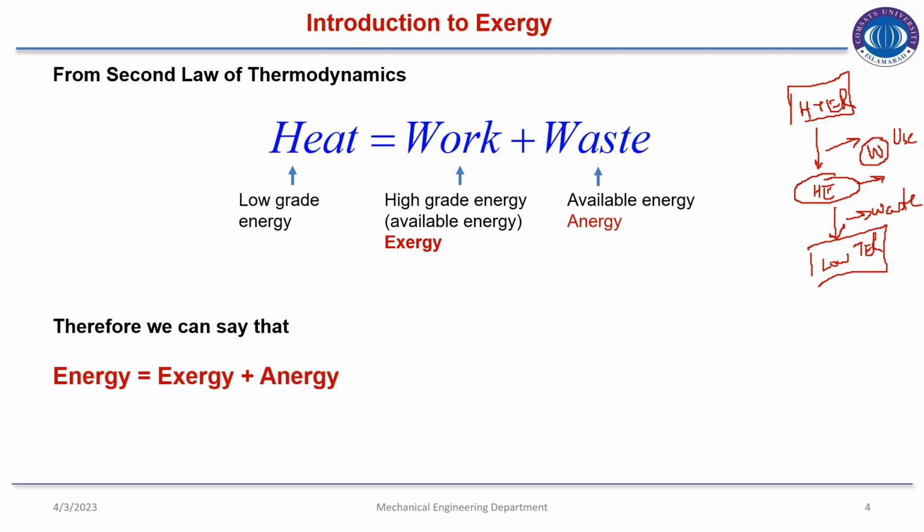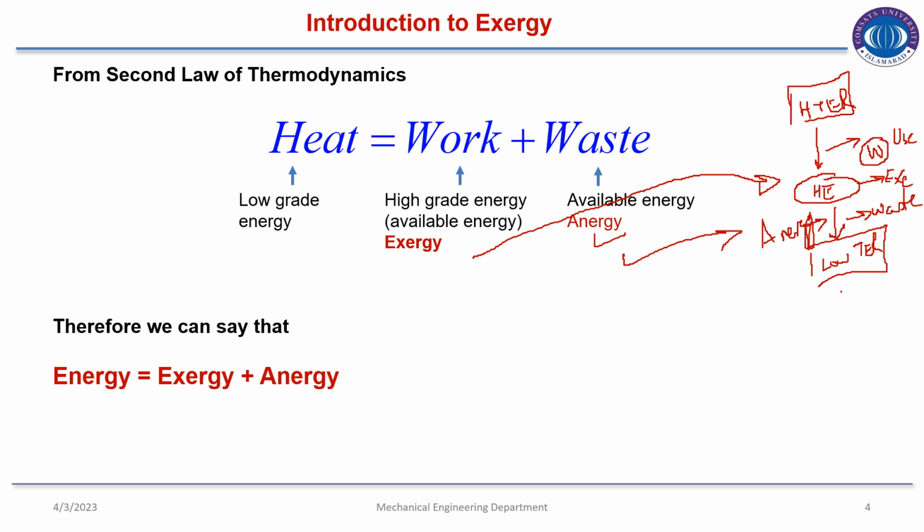The useful energy is termed as exergy. So the useful work produced is exergy and the wasteful energy is known as anergy. Energy is referred to here and exergy is produced by the heat engine. Therefore, we can say that energy is the sum of exergy and anergy.